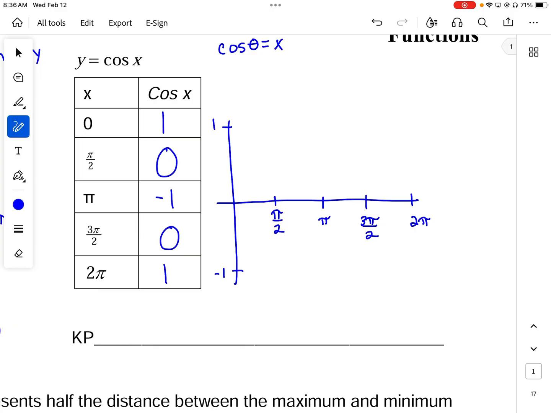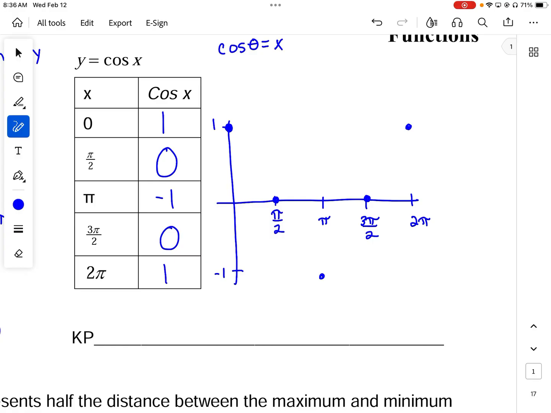So we'll plot those to make our cosine function. So it is 0, 1. Pi over 2, 0. Pi, -1. 3 pi over 2, 0. And 2 pi, 1.